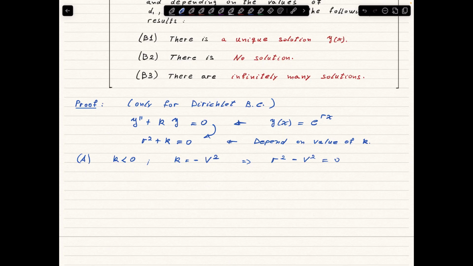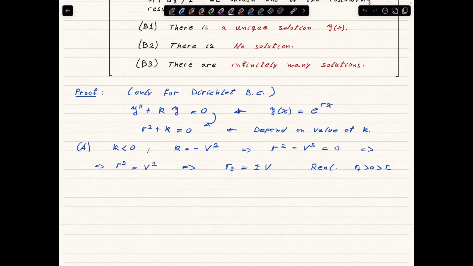We move the v squared to the other side, and we get that r squared is equal to v squared. And from here we get two real roots, plus minus v, one positive, one negative.